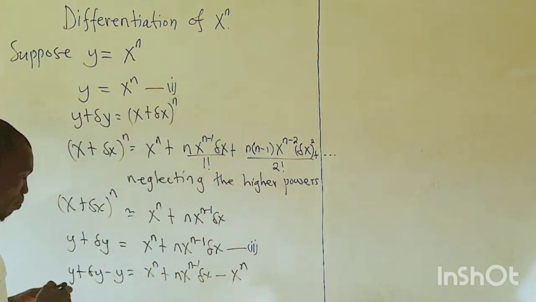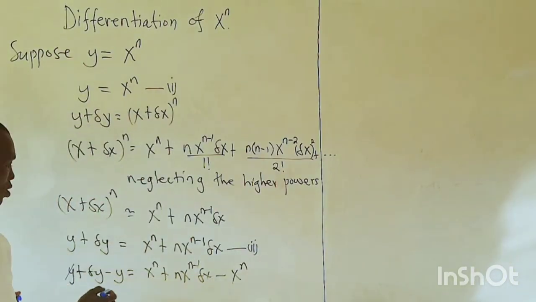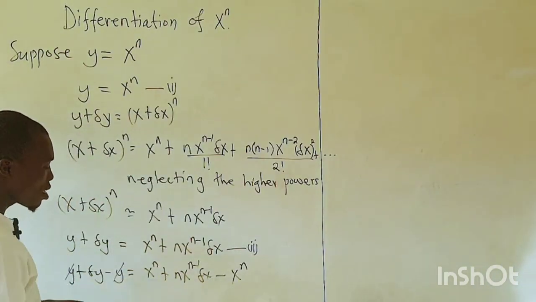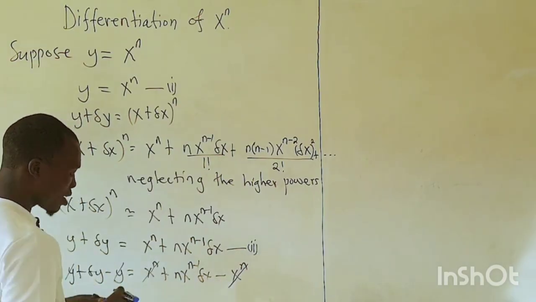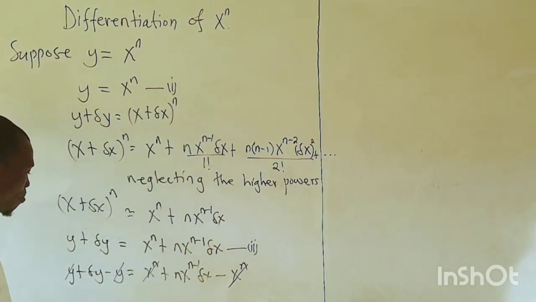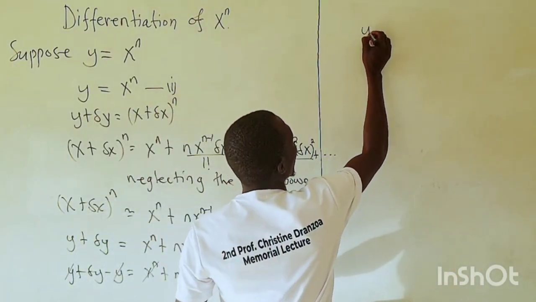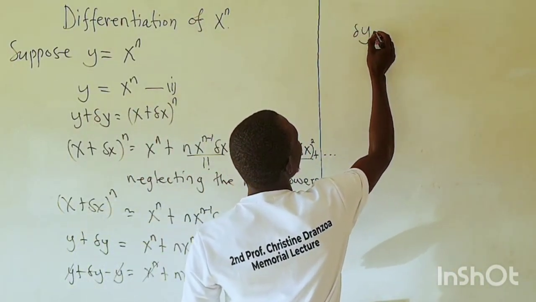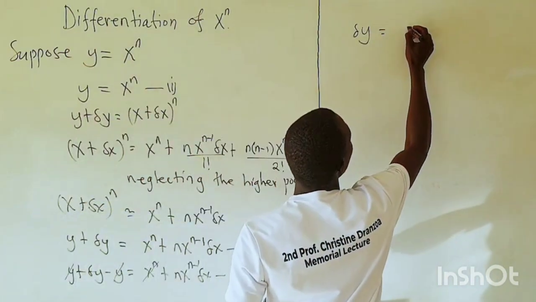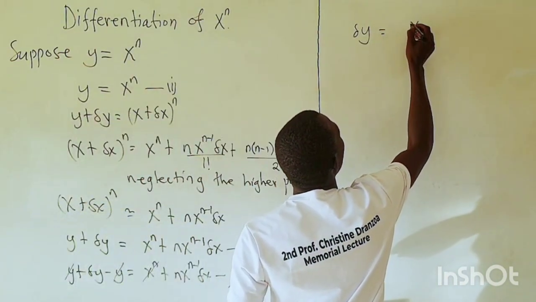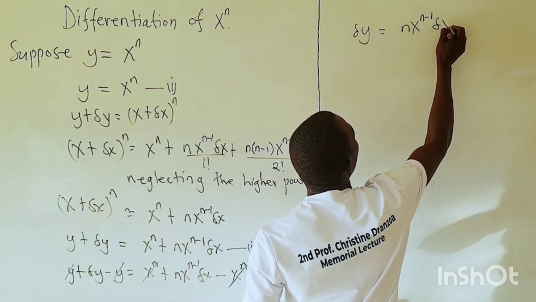So the y will cancel with the negative y, and this x power n will cancel with the negative x power n. So our equation now will become delta y is equal to what has remained here, n x power n minus 1 delta x.